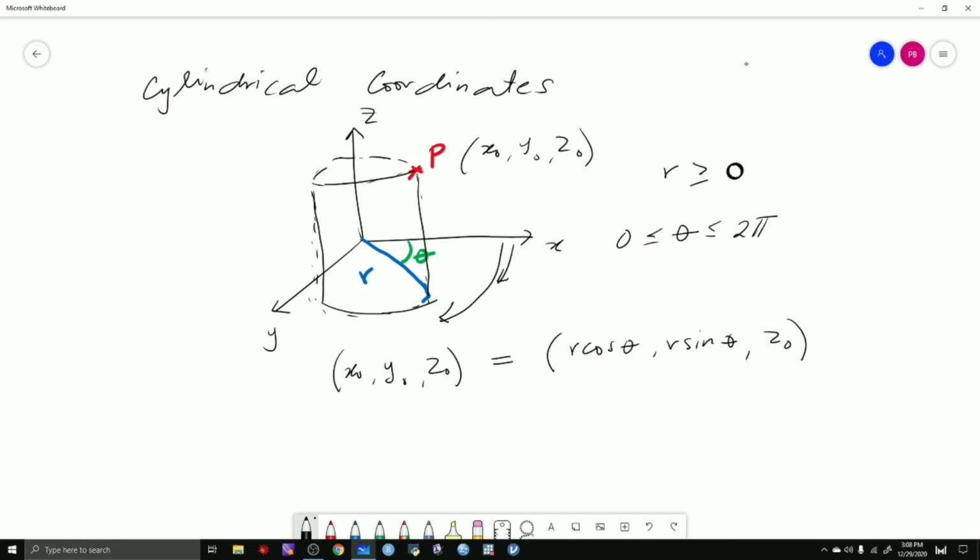So meaning if you have a radius r and an angle theta, you rotate first the angle and then find the coordinate on the z-axis.